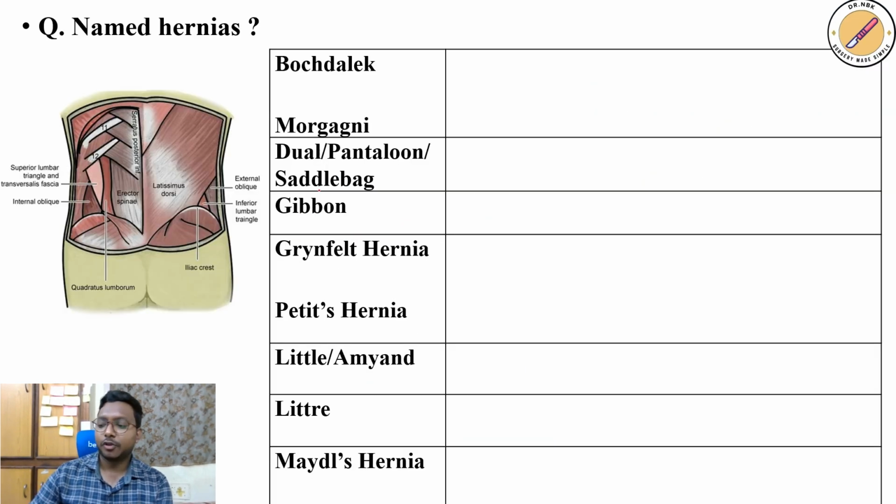Okay, next. These are the important named hernias we have. I have enlisted them in an alphabetical order so that we can remember them easily. So the first one is Bochdalek hernia. I told you both of these are congenital diaphragmatic hernias. Morgagni hernia is happening through the anteromedial defect, whereas Bochdalek is happening through the posterolateral defect.